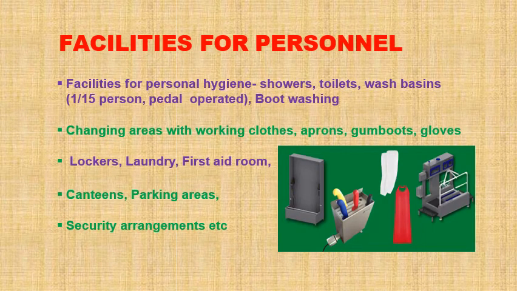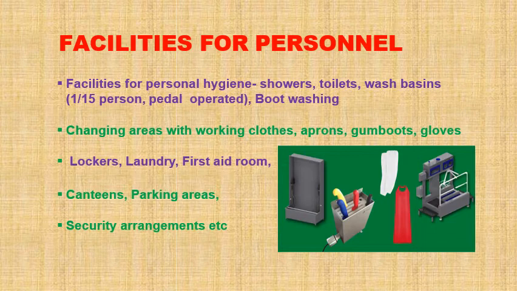Now the last one, that is the facilities for the personnel, the people who are working. All kind of their facilities should be there. The facilities for personal hygiene like showers with hot or cold water, toilets, wash basins, it should be one for each 15 persons, pedal operated, and there should be boot washing facilities.